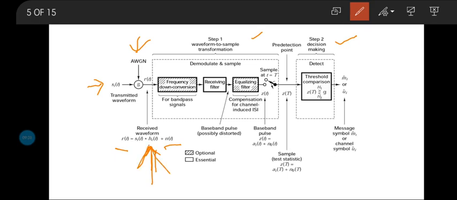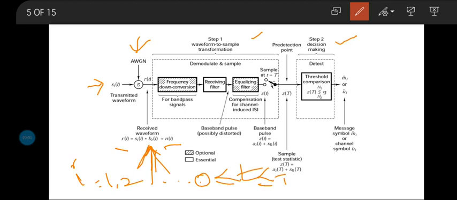That gives rise to the representation of the received signal r of t as si of t plus n of t, where i goes 1, 2 and so on, and t lies between 0 and capital T. So it will always be within the time interval 0 to capital T.